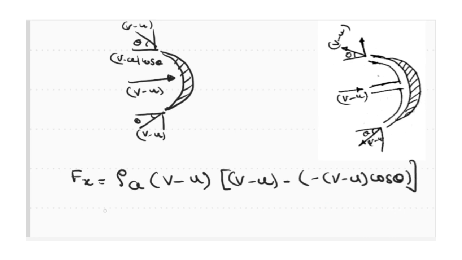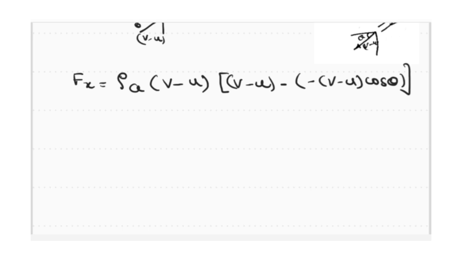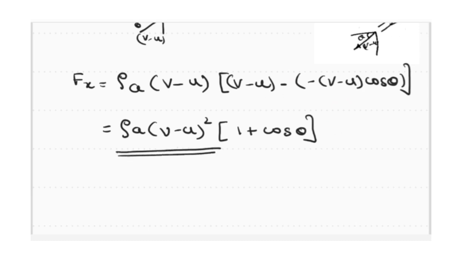Here v minus u is common, so taking the common things outside, rho into A, (v minus u) is already here, so I will take one more (v minus u) inside the bracket. So that will be (v minus u) whole square into (1 plus cos theta). So this will be the equation for Fx.